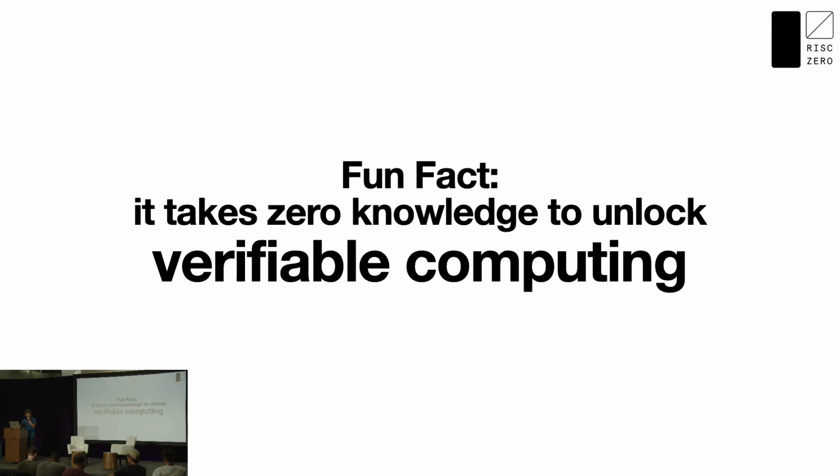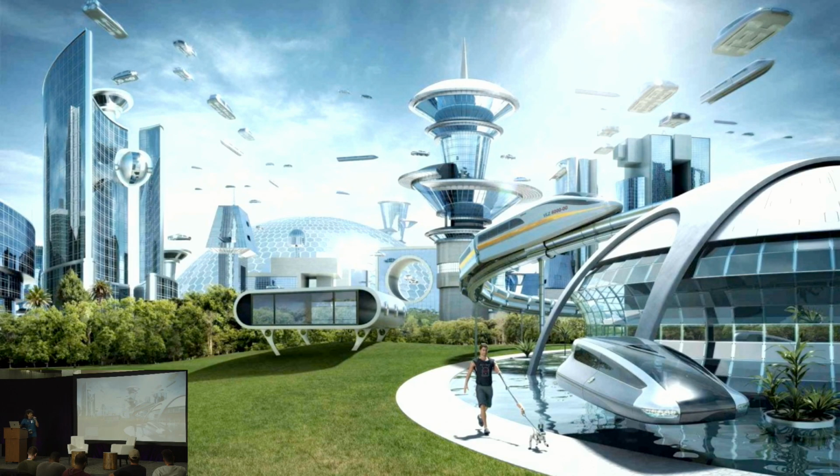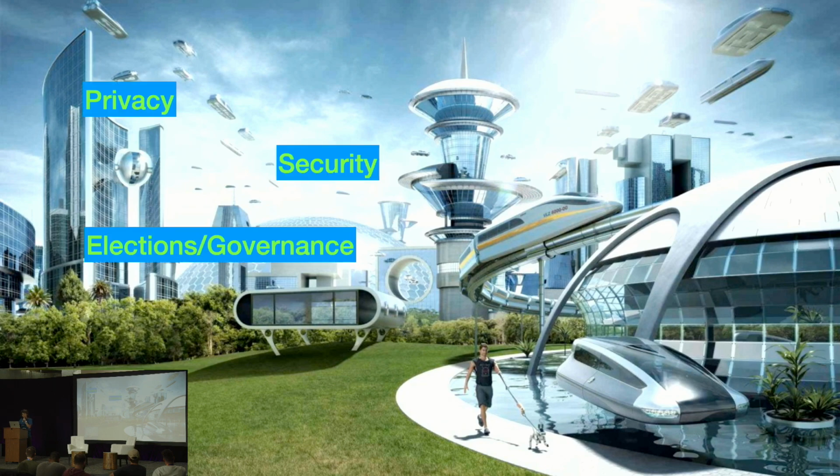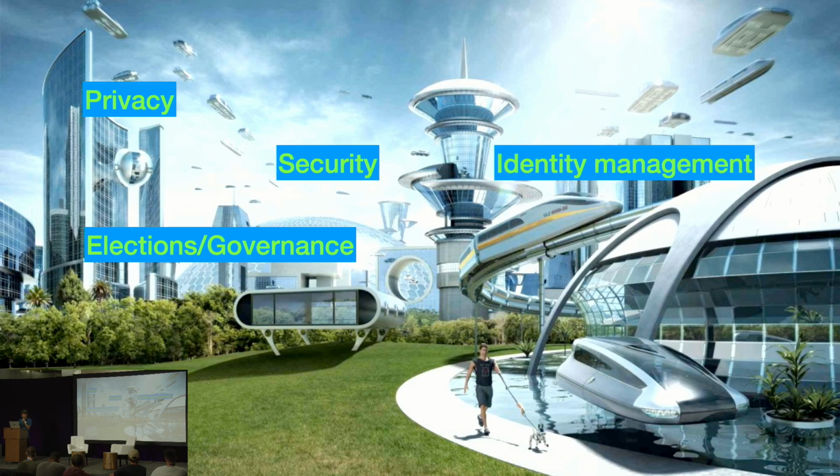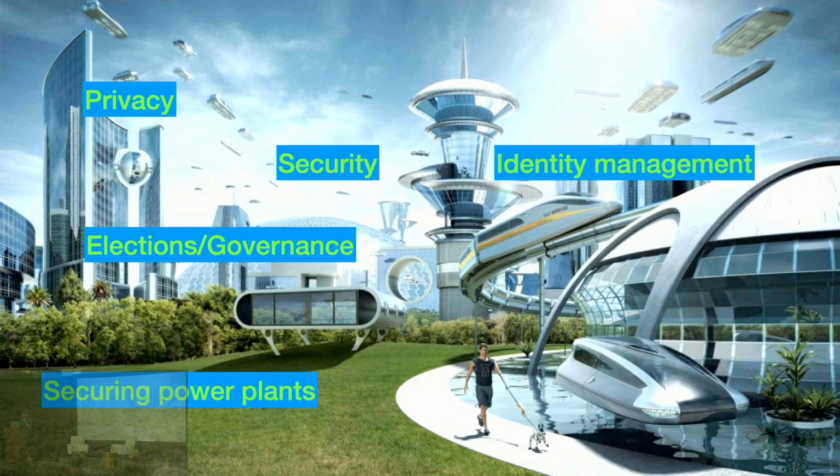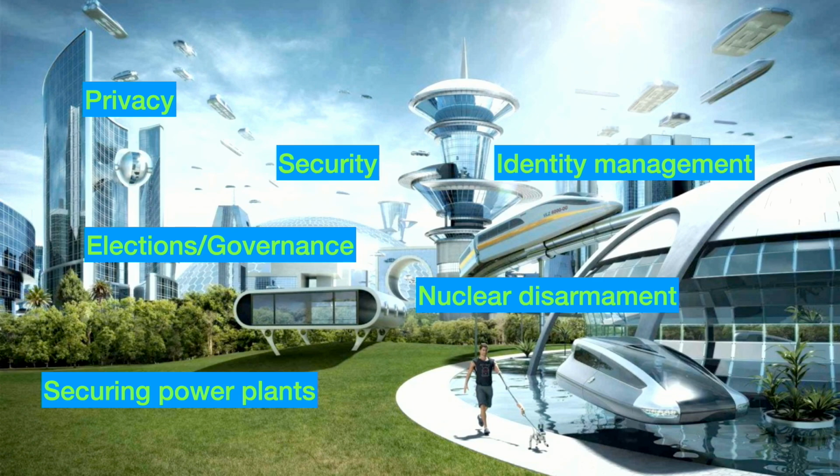And the future kind of looks like this. People have said that it could accomplish many, many things, such as privacy, security, elections and governance, identity management, maybe even securing power plants, nuclear disarmament, and even anonymous ad auctions on your browser.